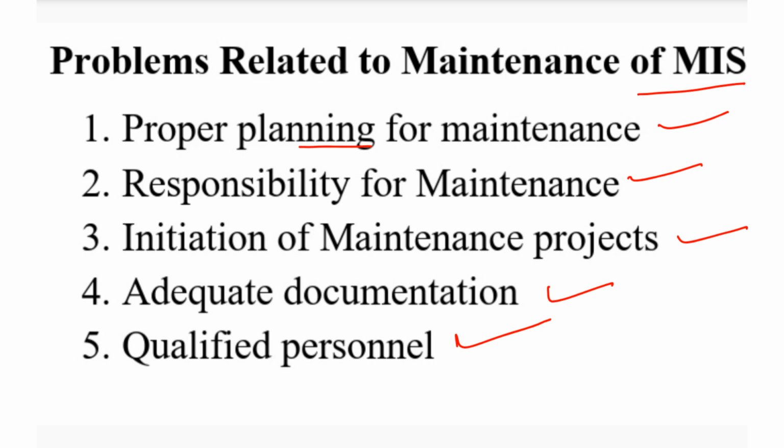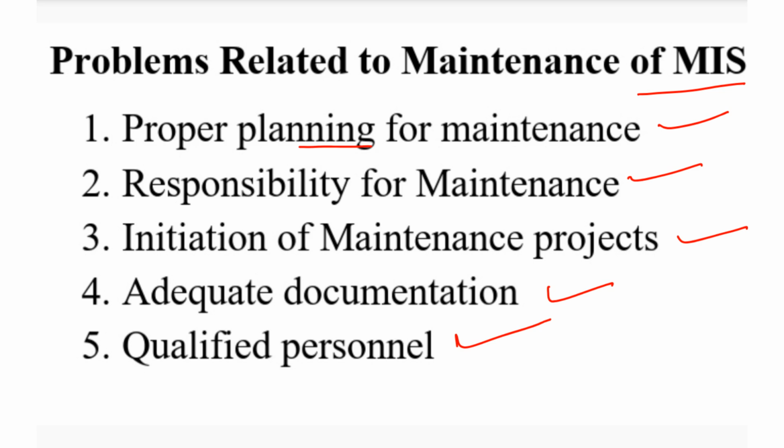Then fifth one is qualified personnel. There should be a properly qualified, expert person for proper maintenance of the system. With the availability of that person, the organization need not look here and there for maintenance of the system. So the qualified person can immediately identify and remove any problem faced by the system, he can maintain it, he can monitor regularly.